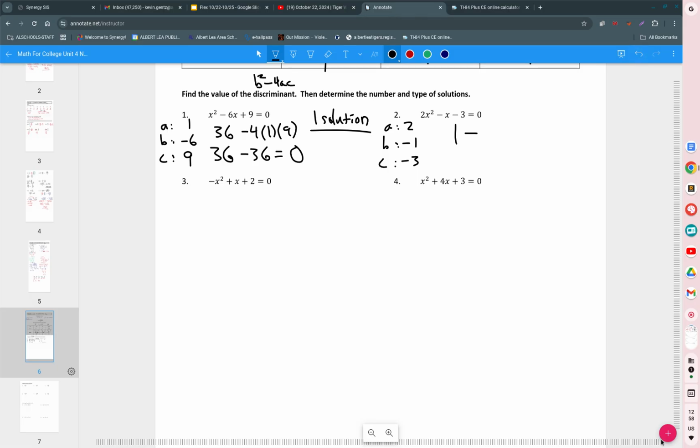B squared minus 4 times A is 2 and C is -3. How many negative signs do I have in that situation? 2, so therefore they will cancel out and make addition. And you have 1 plus 4 times 2 is 8 times 3 is 24. And you get 25. That number is positive. Therefore, I have 2 solutions.